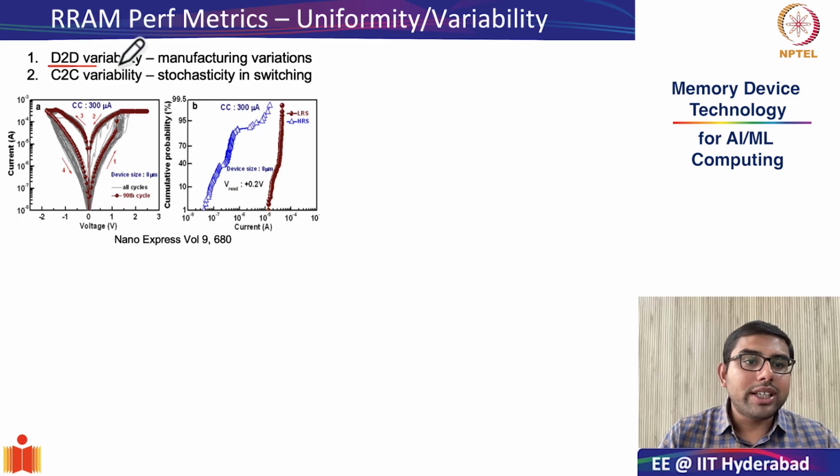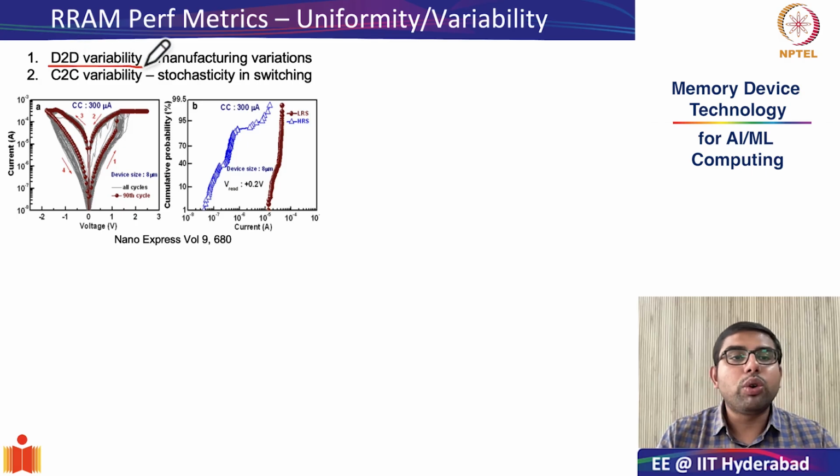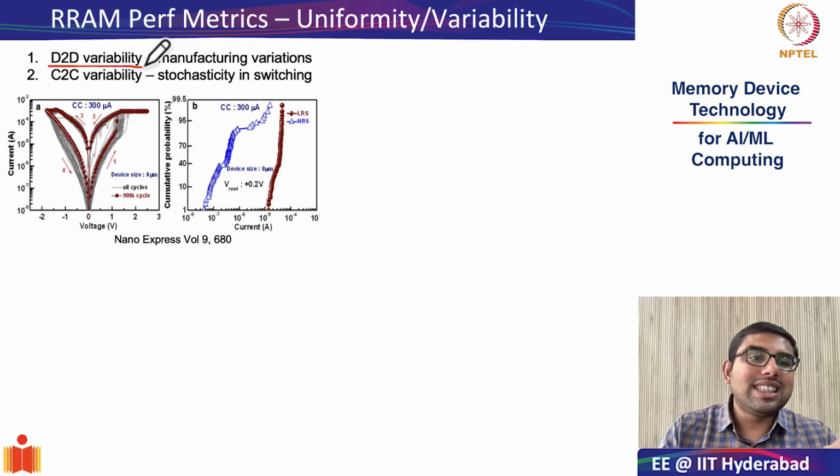One is device to device variability, which is the variability seen amongst devices in the same manufacturing process or even in the same chip. This happens because there are variations and defects which are spatially different, introduced during the manufacturing step.